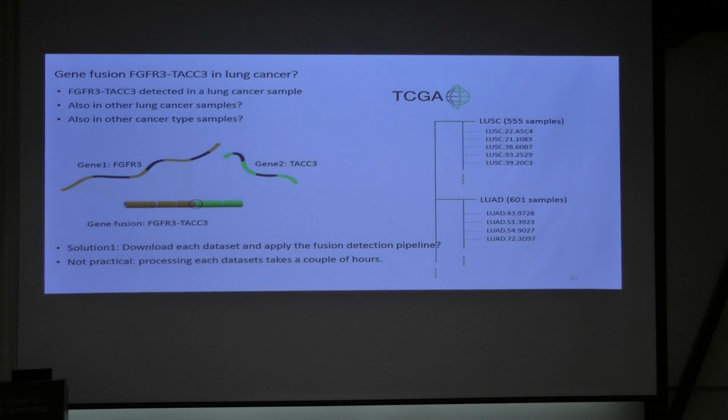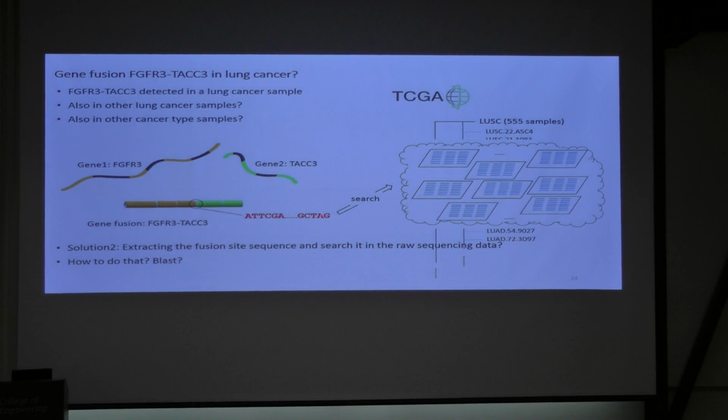Another way is to do a search, a query. We can take the gene fusion specific sequence, the sequence spanning the two fusion sites here, and because this sequence should be very specific to this gene fusion, we can query it against all the data sets in this database.